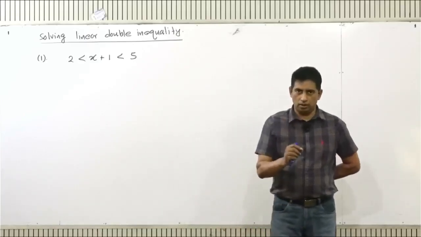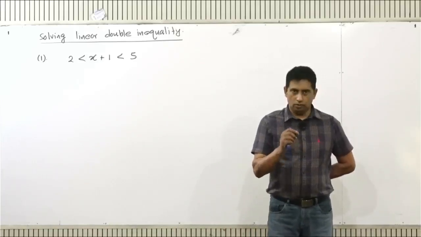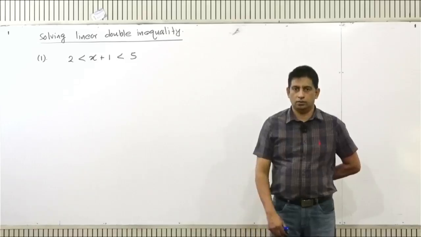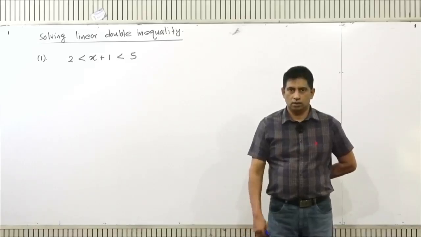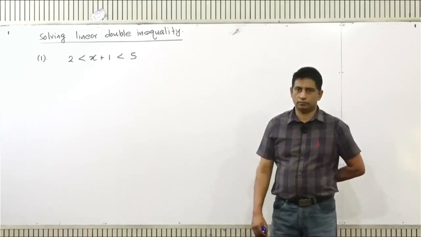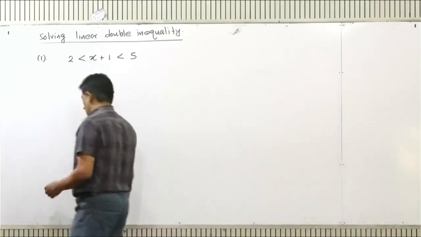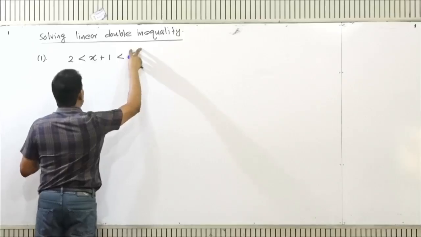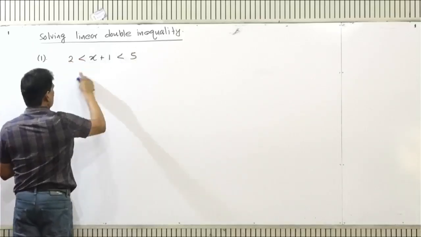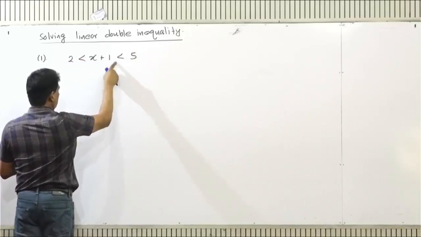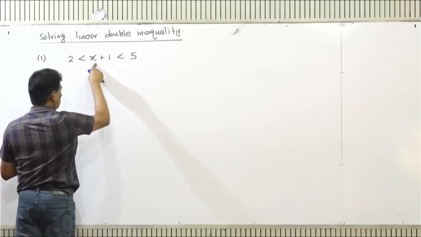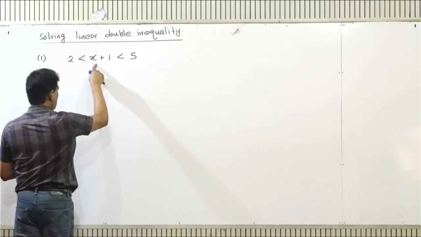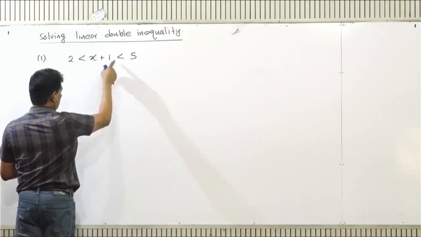You have to subject x in between two inequality marks. That is the way. In this case, right hand side constant, then left hand side constant, in between two inequality marks only variable x now. So we can subject x in between two inequality marks.